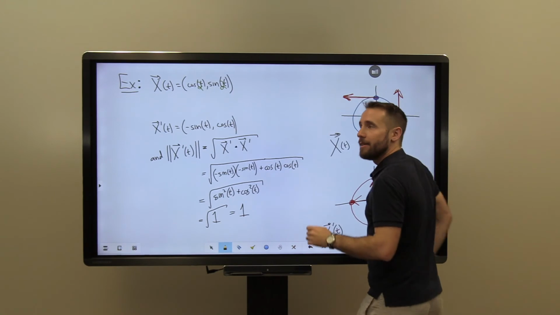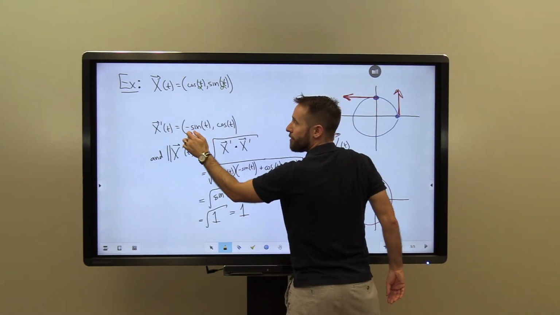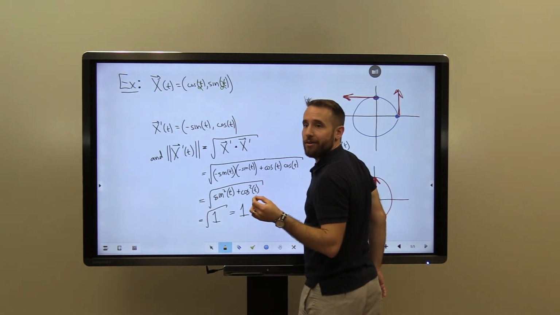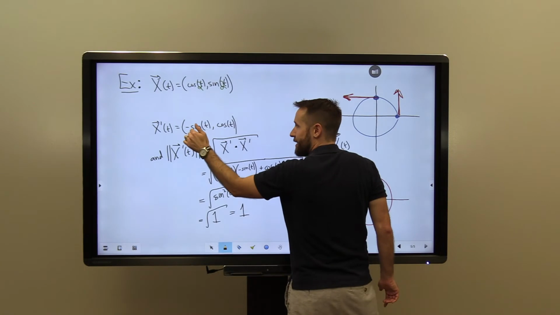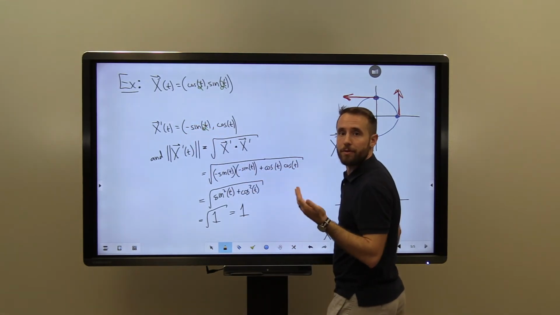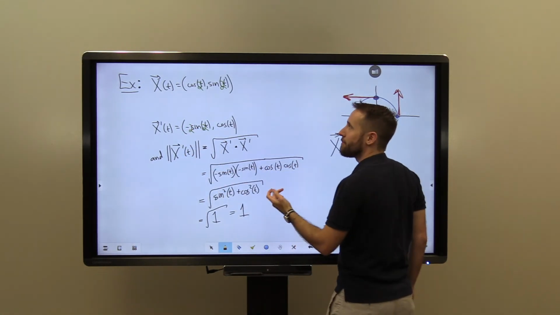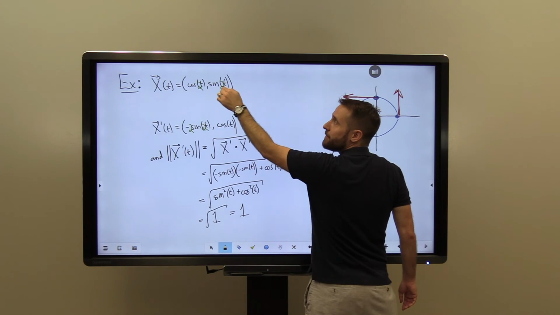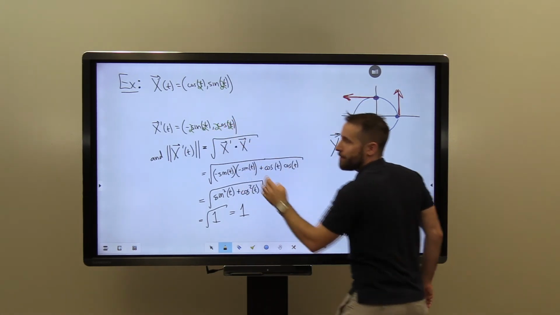And yet, the derivative of x of t, so x prime, will require the chain rule. The derivative of cosine of 2t is going to be negative sine of 2t times the derivative of 2t, so times an extra 2, which I'll put out front. Similarly, the derivative of sine of 2t is going to be cosine of 2t times the derivative of 2t.